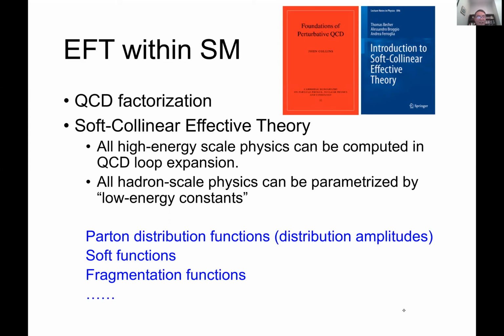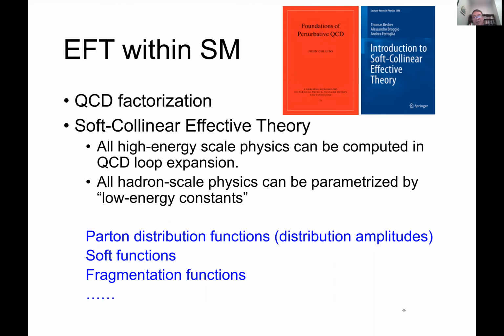And then all hadronic scale physics has been parameterized by low energy constants. I call them low energy constants following Weinberg's chiral perturbation theory, because when Weinberg gave the first lecture, he talked about how effective field theory was developed around the 1970s, starting from chiral perturbation theory.